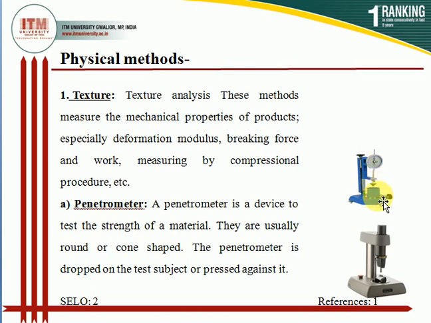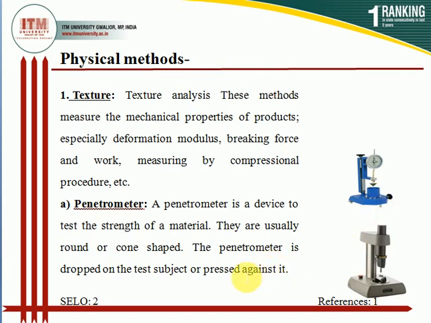So we can measure the force applied by the pin, and also we can measure the pressure of the product. That means we can measure the gas present in beverages like carbonated beverages, the carbon dioxide present in the bottle.